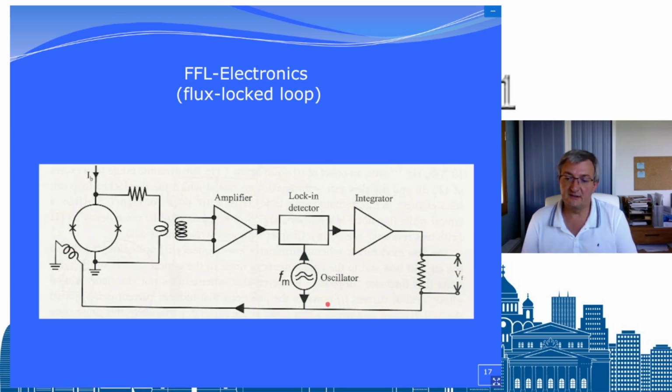And you measure the current in this feedback loop, and this current in the feedback loop is a perfect linear image of the voltage here, which depends on the flux here, then of the feedback flux, which compensates the external flux you want to measure. That's the way it works.